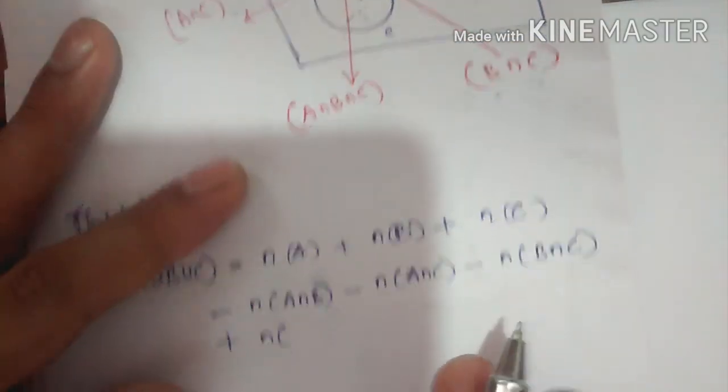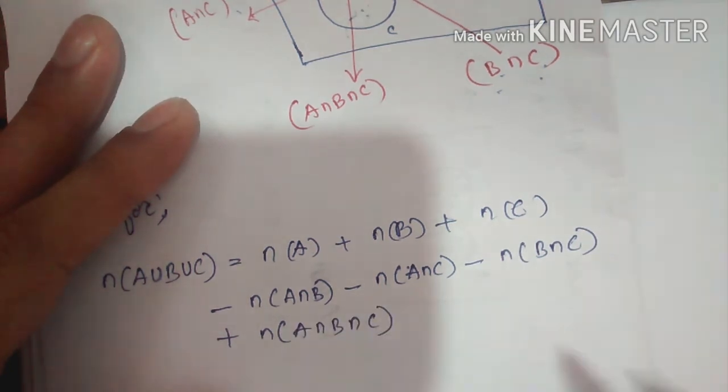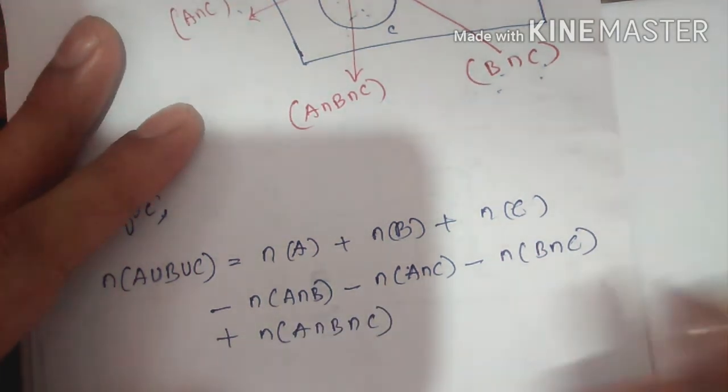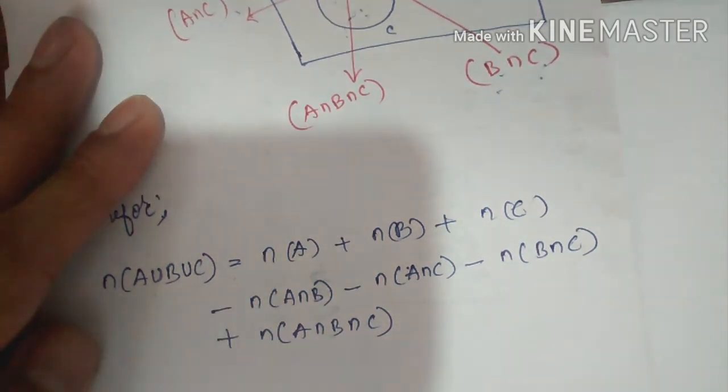This one. Number of A intersection B intersection C. So that is how we find the number of A union B union C.